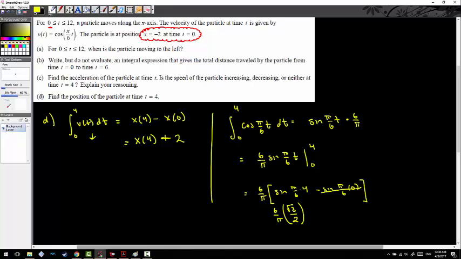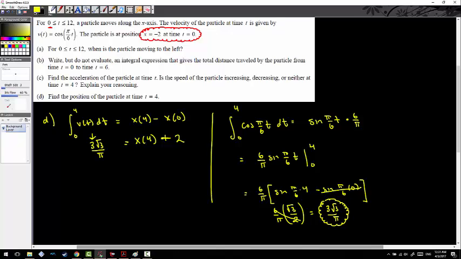And I've got a 6 over pi there. So I'll clean it up a little bit here. Boom. What I get is 3 rad 3 over pi. That's what this integral has led me to, and that's what's going to fill the space right here.